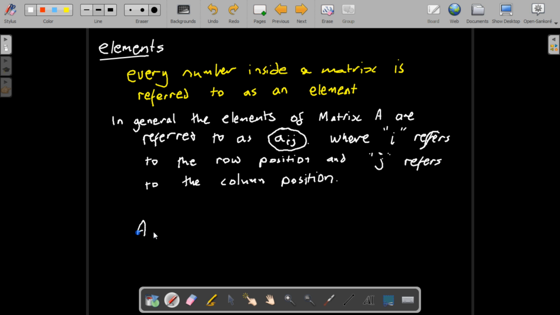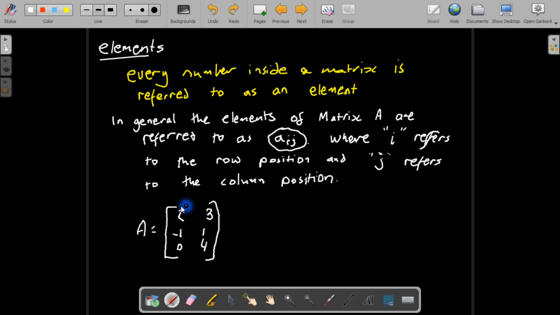So my matrix A before was 2, 3, minus 1, 1, 0, 4. All these inside here are elements, is what we say. What this is talking about is where i refers to the row position and j refers to the column.